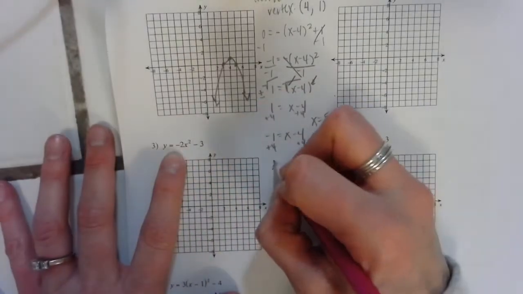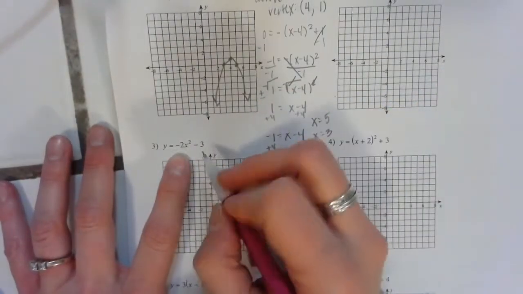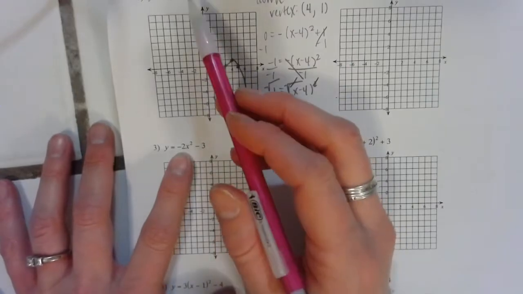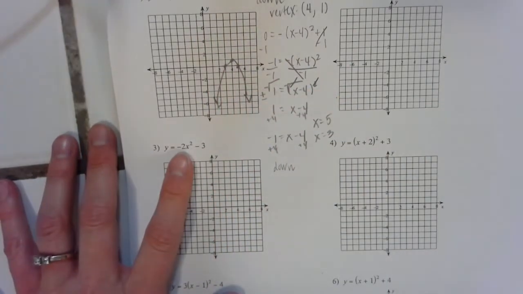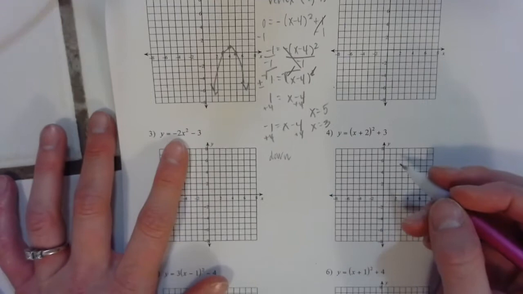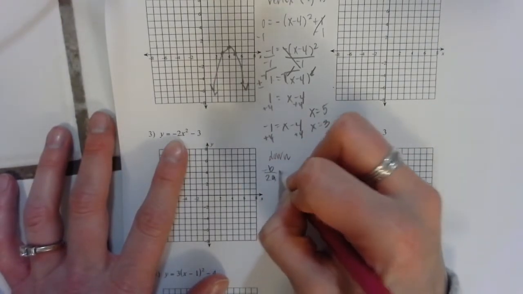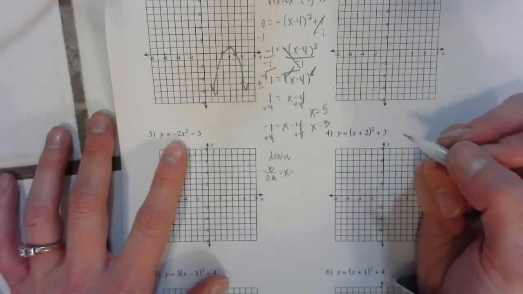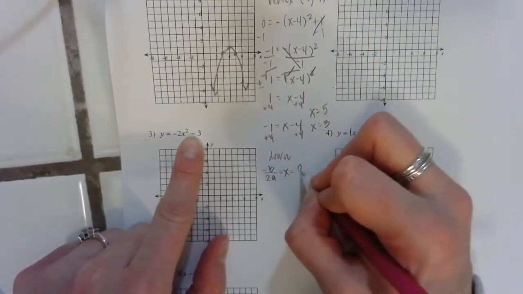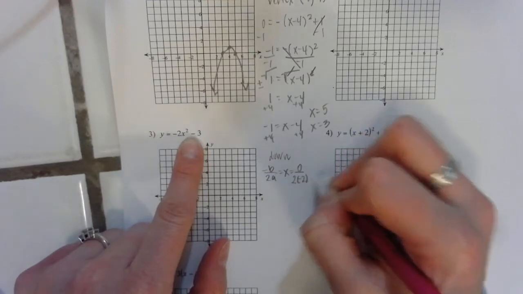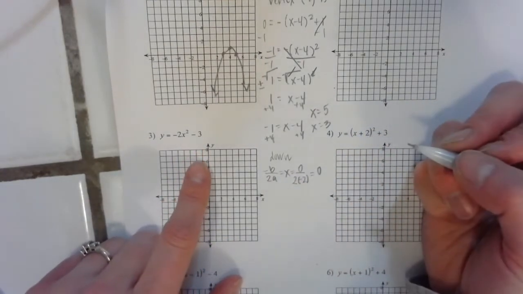Okay, number 3. My graph opens down. Now I don't really have parentheses. We could factor it and figure out what they are by big Xing, but it's just easier to do negative b over 2a, so if we know that shortcut, we might as well use it. We don't have a b value, so it's going to be 0 over 2 times negative 2. Well, 0 divided by anything is 0.